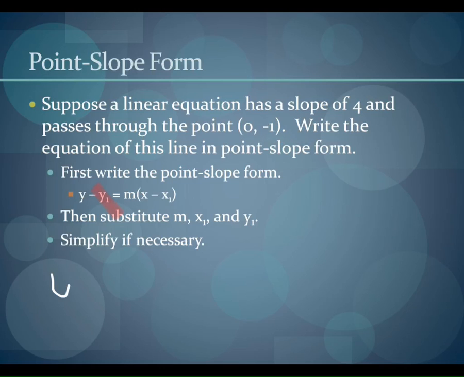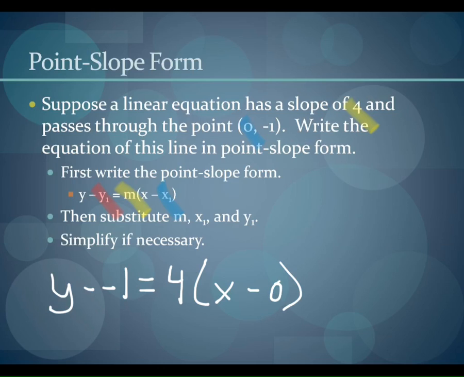Y minus -1 equals, for m, I'm going to plug in the slope, which they told me is 4, parentheses, and then for the x-coordinate, I'm going to plug in that x-coordinate: x minus 0. This is what we call point-slope form.